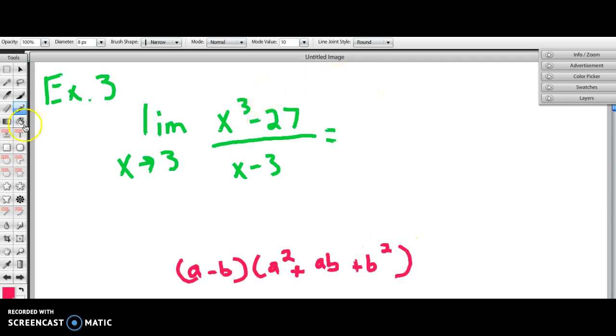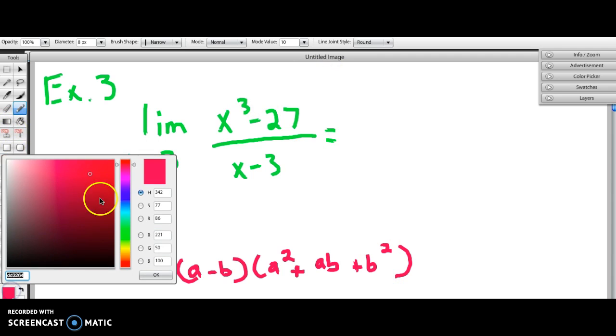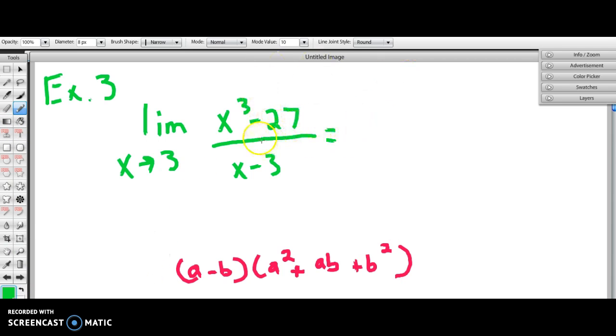So if we factor, a and b are just to simplify: a is x and b is 3, so x minus 3.